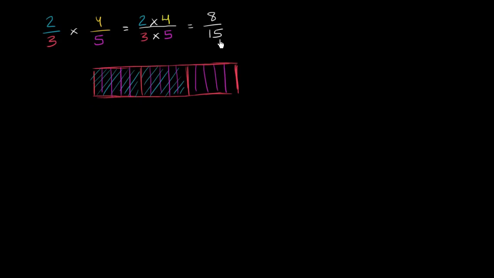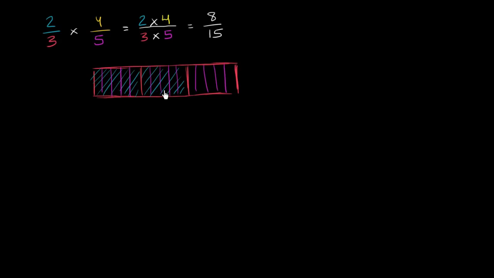And that's where we get this number from. But you see, you have 1, 2, 3, up to 15. Where did that come from? I had thirds, and then I took each of those thirds and split them into fifths. So then I had 5 times as many sections. 3 times 5 is 15. But now we want 4/5 of this right over here.